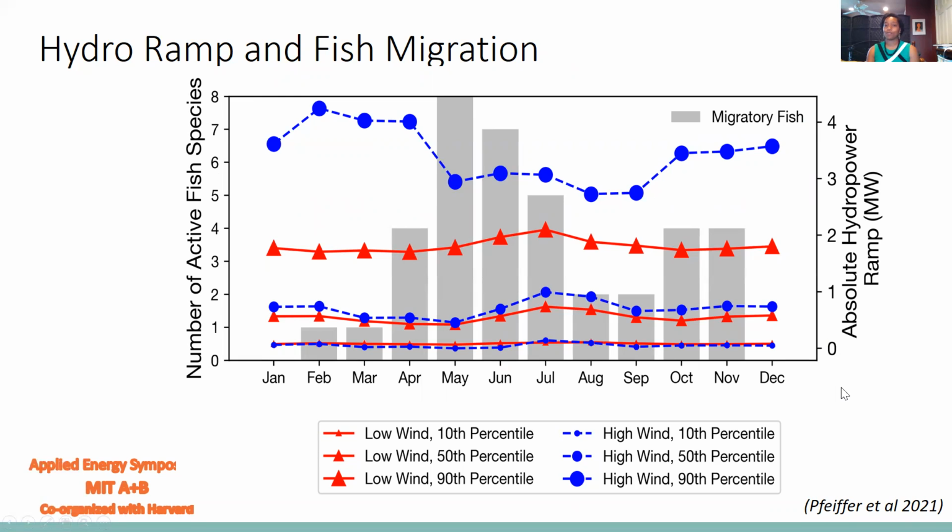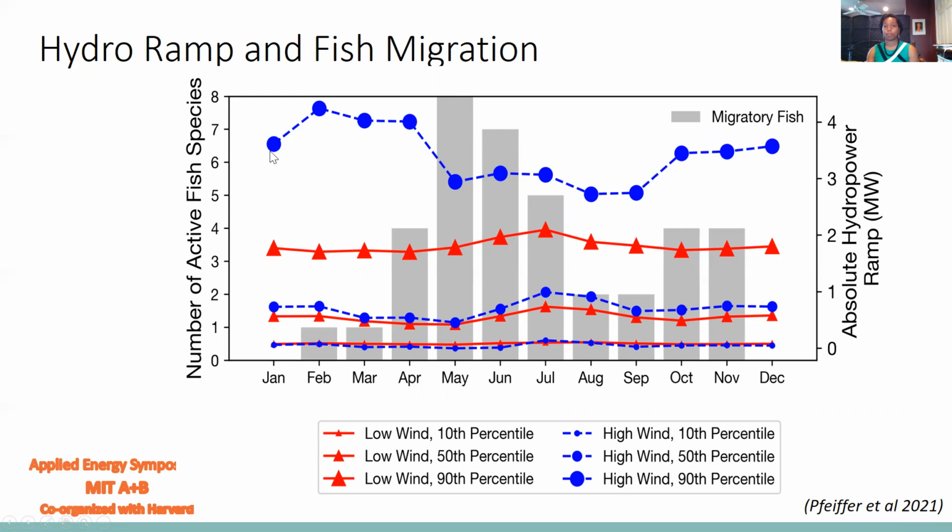The red triangles represent the low wind scenario with just 1,600 megawatts of offshore wind capacity deployed in the New England region. And the blue circles represent the high offshore wind capacity deployment, which is going to be that 10,000 megawatts.